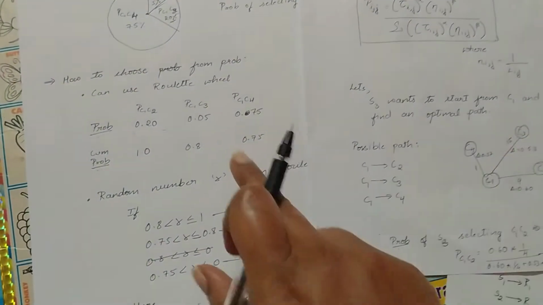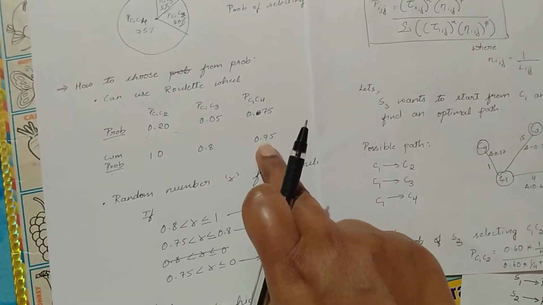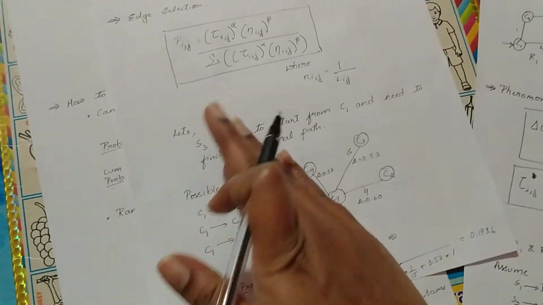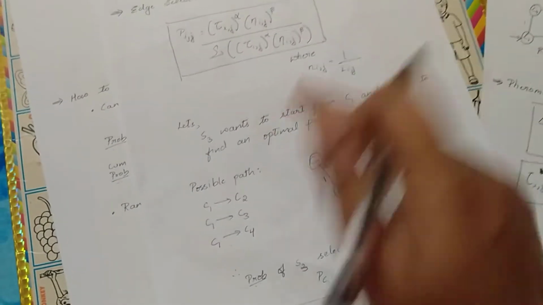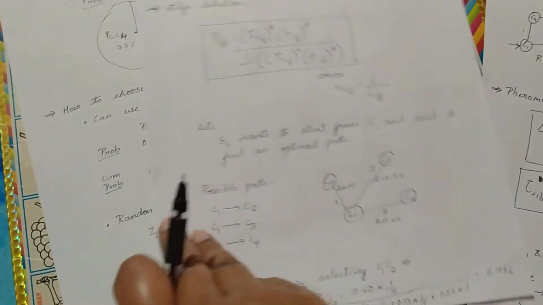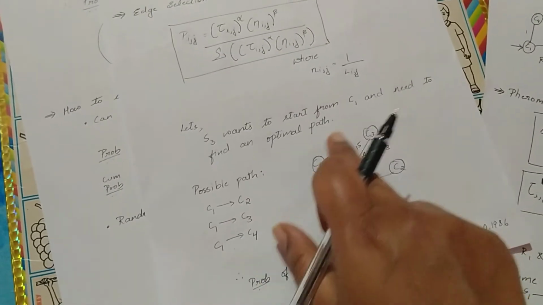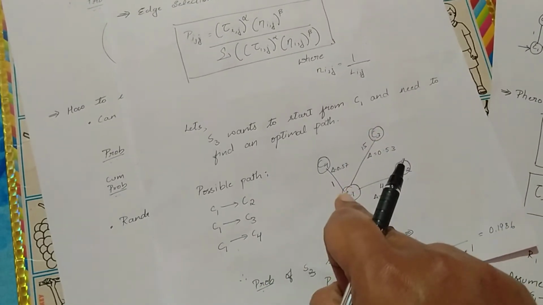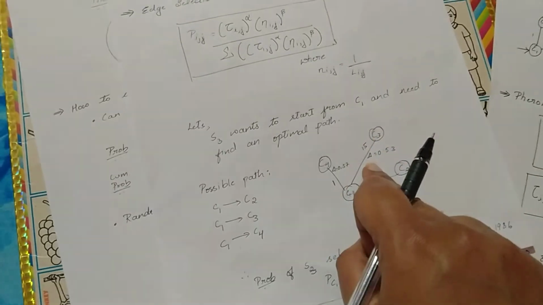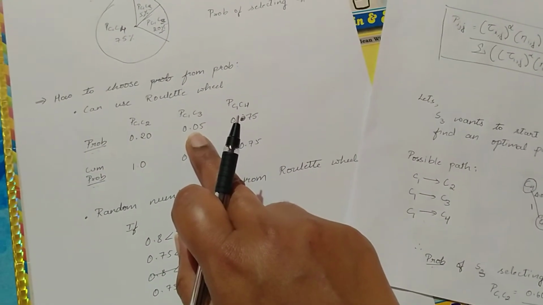C1 and C4 probability is 0.5, so I'll write exactly 0.5. I'll start from this and move to this side. The next edge is C1 and C3, going clockwise. C1 and C3 has some probability, that is 0.05.